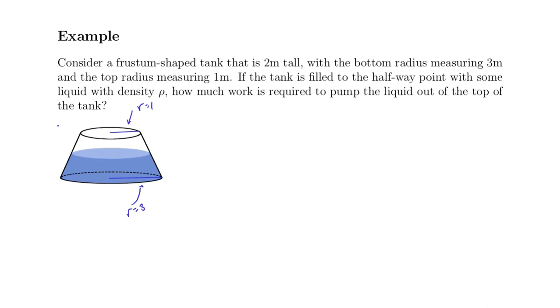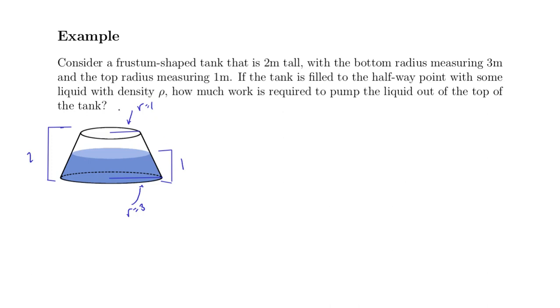We also know the height of this. It's 2 meters. And we also know the height of our water, or I shouldn't say water, our unknown liquid that we have. This is 1 meter. And I'm going to get rid of my units because I don't really need them here. Don't tell the scientists.